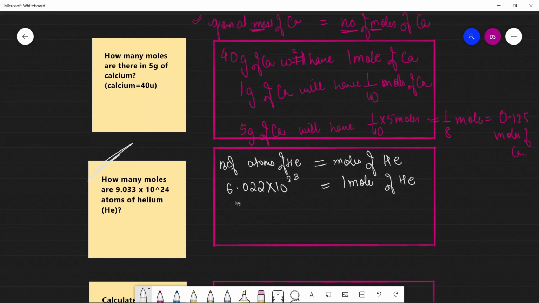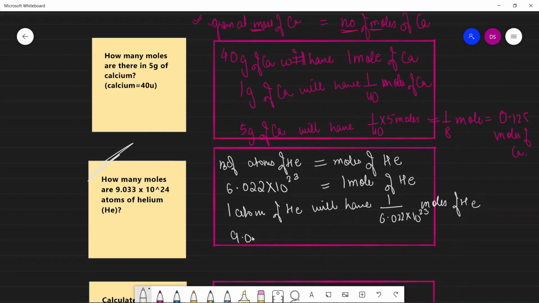So that means 6.022 into 10 raised to power 23 atoms of helium will contain 1 mole of helium. Now you will use unitary method. So 1 atom of helium will have 1 upon 6.022 into 10 raised to power 23 moles of helium.